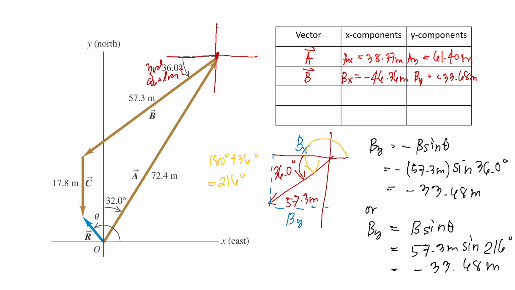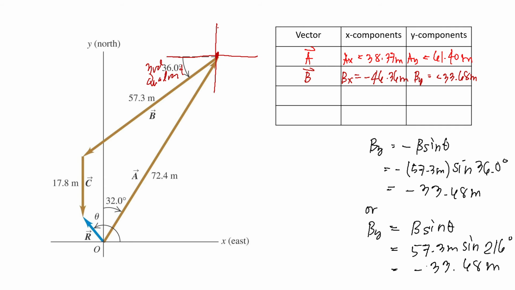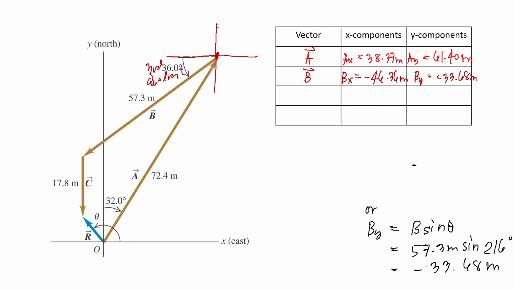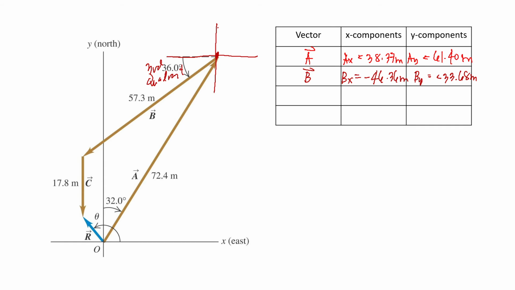Finally, we get to the point where we are now going to get the x and y components of your last vector, your vector c. But this is just easy, right? Your vector c is just directed towards the south, so it goes downwards in your xy plane.